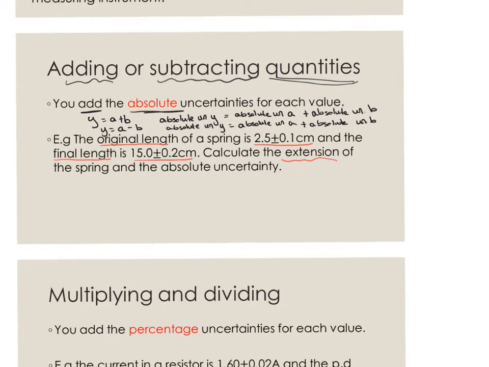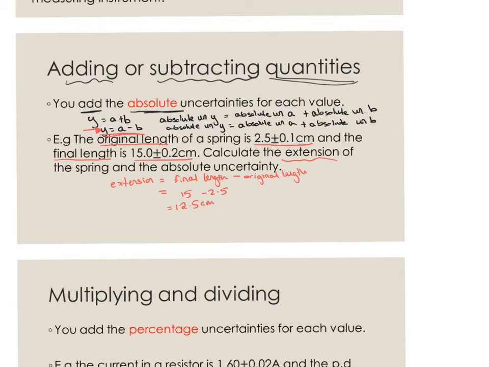So if I want to get the extension, it's equal to the final length minus the original length. This expression is similar to this one, well, the same, but with different things. So y is equal to a minus b. If I want to do the calculation quickly, it's 15 minus 2.5 to get the extension, which is 12.5 centimeters.